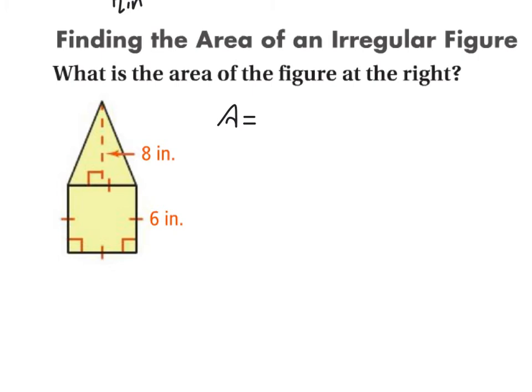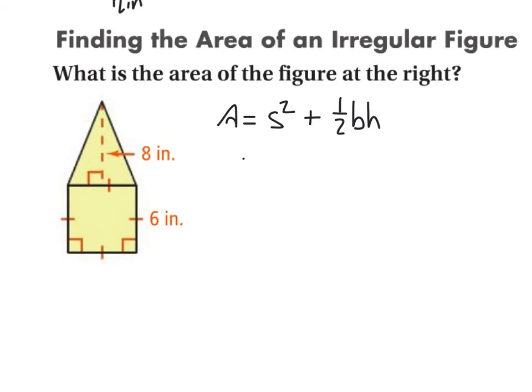So I would accept s squared or base times height for the area of that square. You guys said s squared first, so I'm going to write that down. Okay, so area of s squared, that's the square, but I've got to add to it the area of that triangle. And that triangle is going to be 1/2 base times height. So that is now the area formula for my house. Okay?